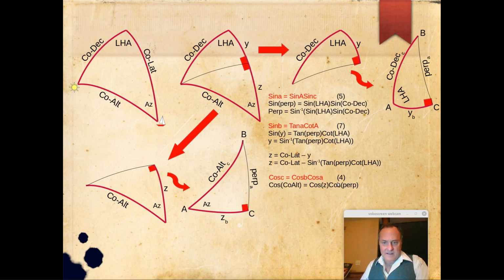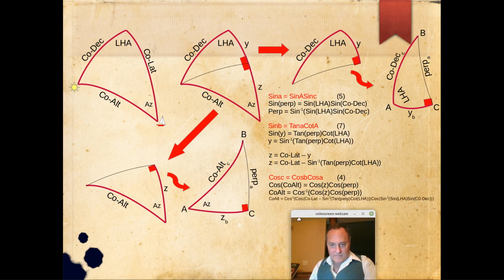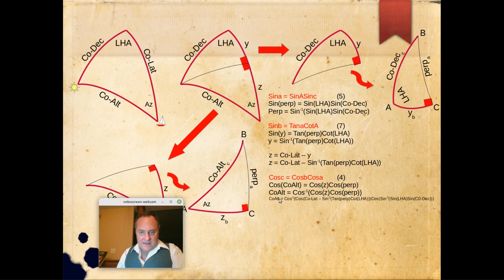All right, so this formula allows us to solve for the coaltitude by taking the anticosine of both sides. Now, filling in, the coaltitude then becomes the cosine inverse of the cosine of Z, but Z is right here. So I put all that, you see?